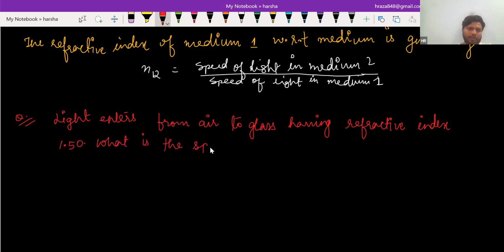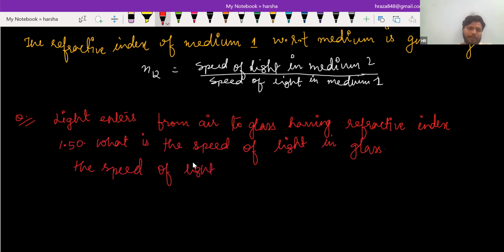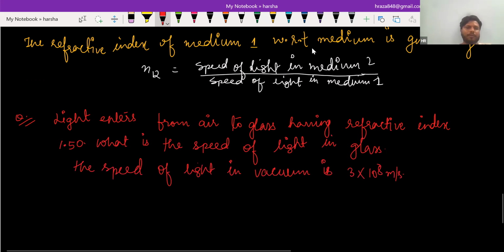What is the speed of light in glass? The speed of light in vacuum is 3 into 10 raised to the power 8 meter per second. Please try it.